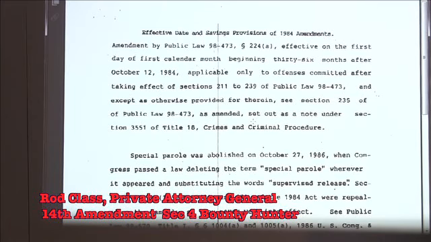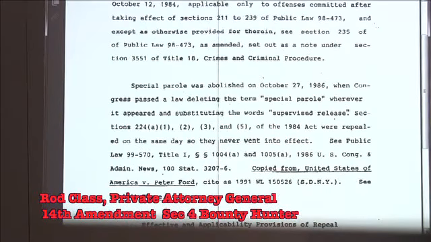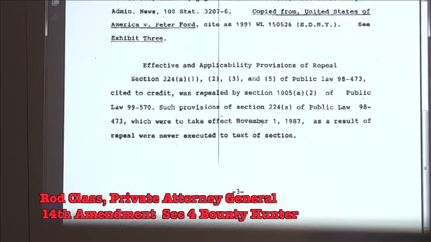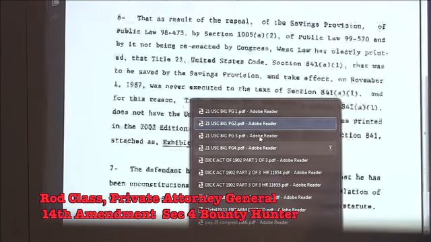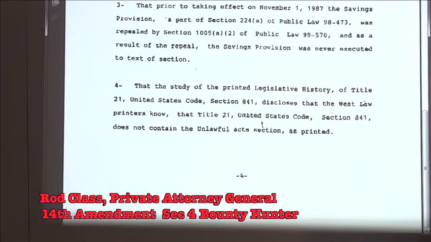It goes through here. The bottom line boils down to this: it's a complete congressional record. It shows that possession laws were repealed. Dispensing was repealed, never put back into full force and effect.